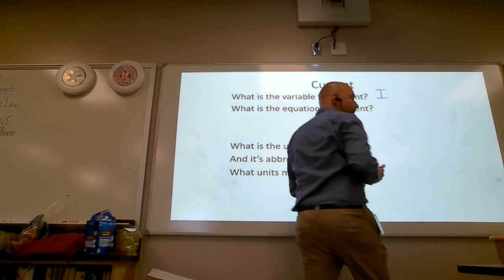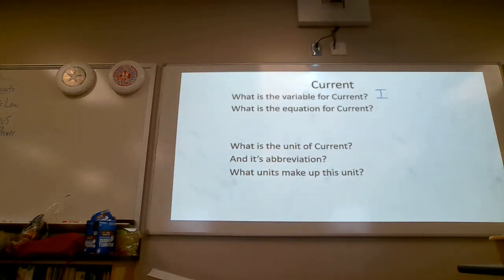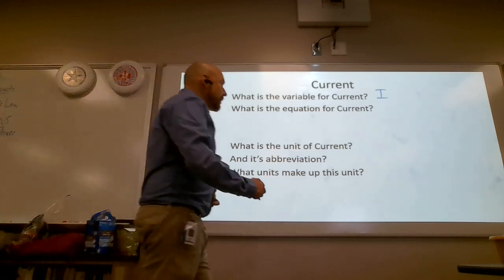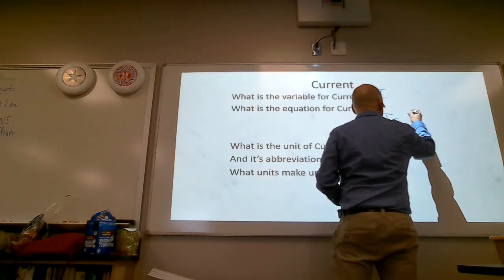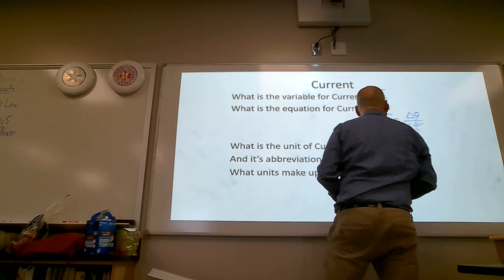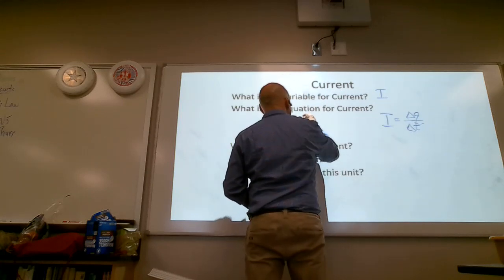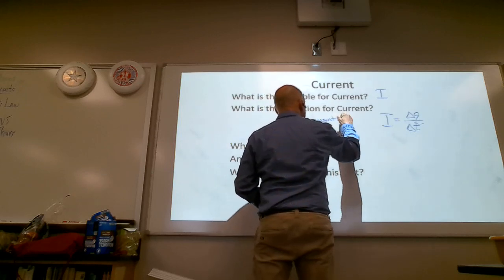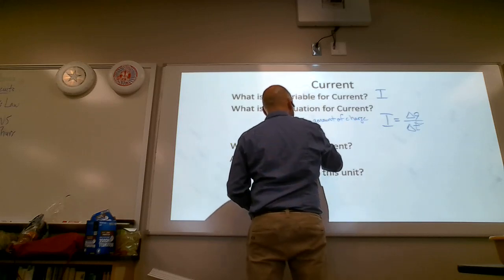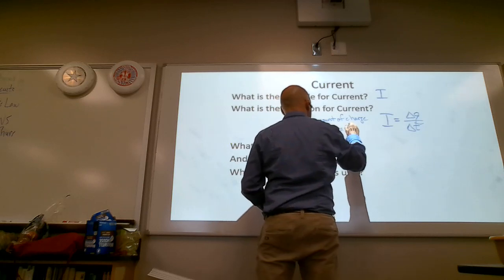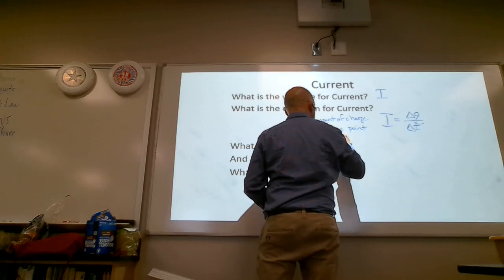The variable for current is a capital I. The equation for current is delta Q over delta T. And this is the amount of charge going past a point each second.